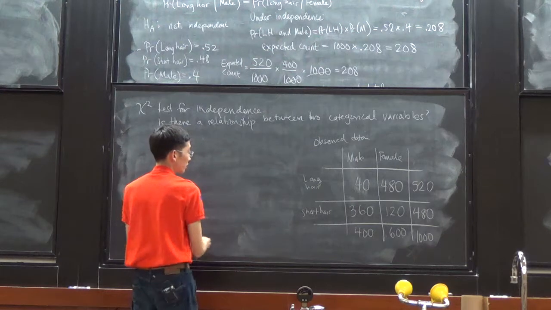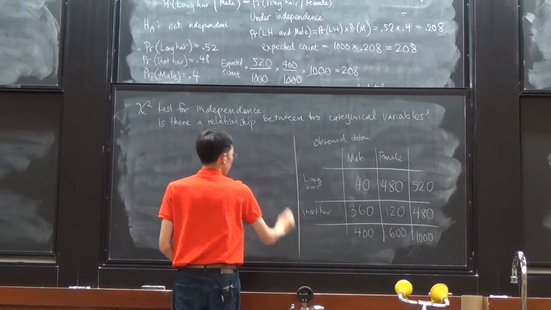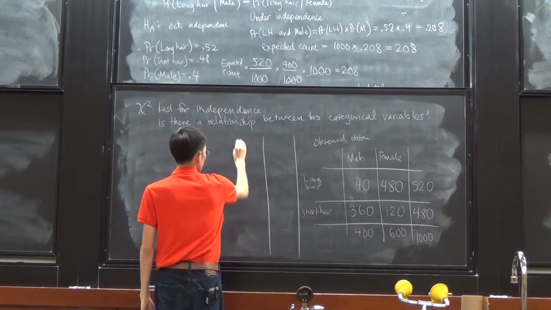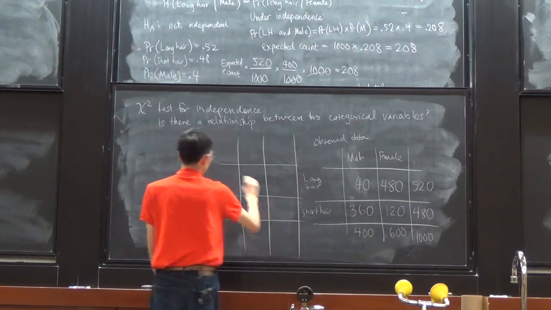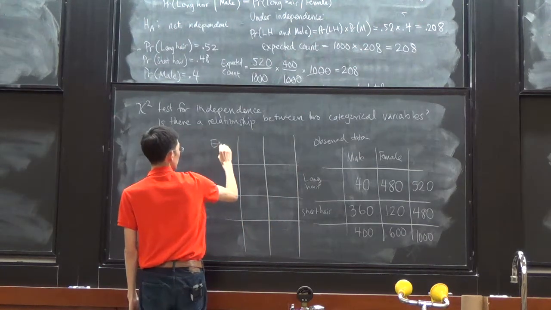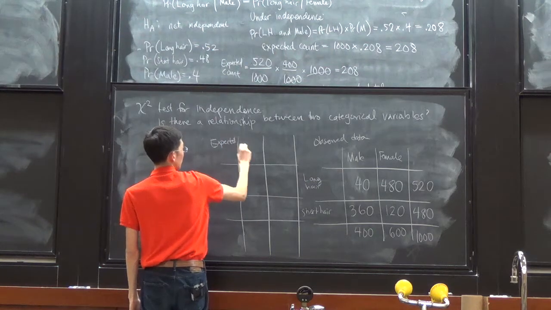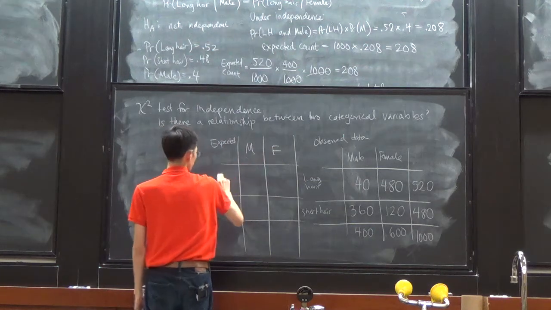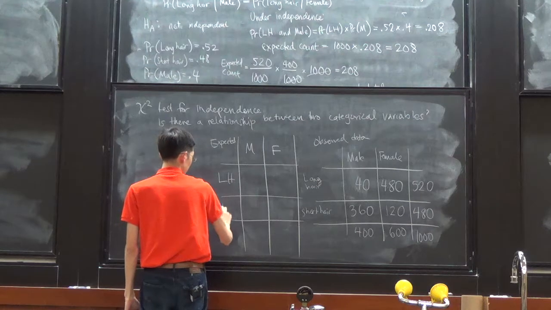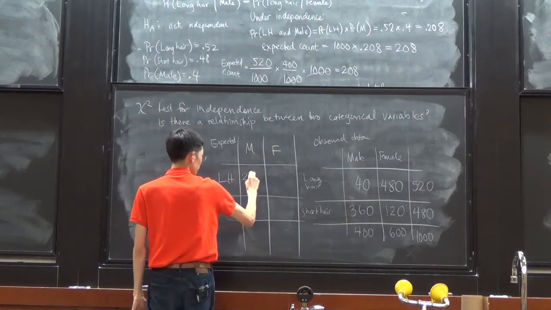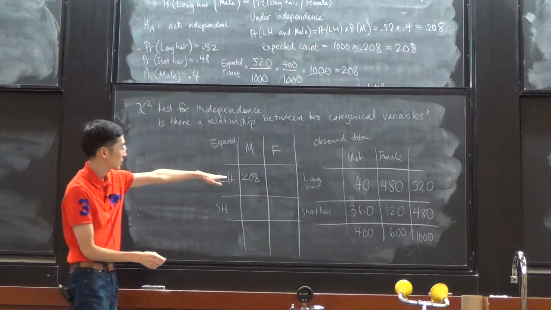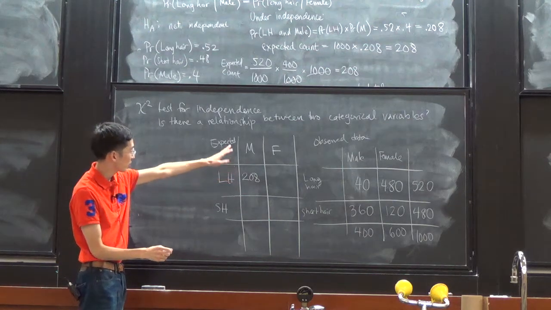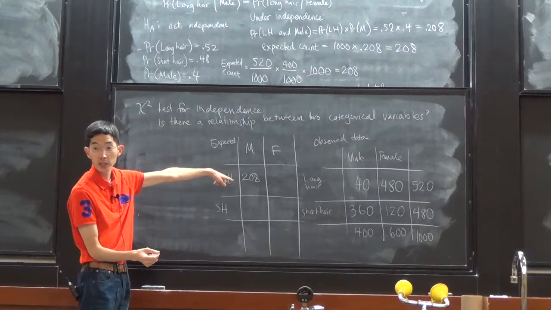So this is my observed data. Let me just create the expected data. So expected, male, female, long hair, short hair. And we did the math and we found the total number of long-haired males to be 208.